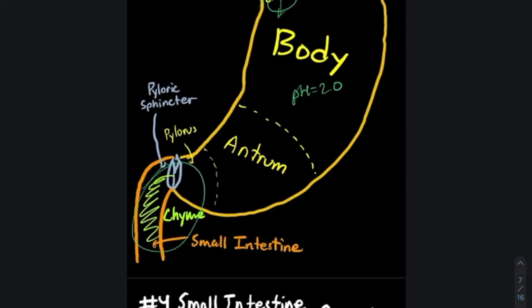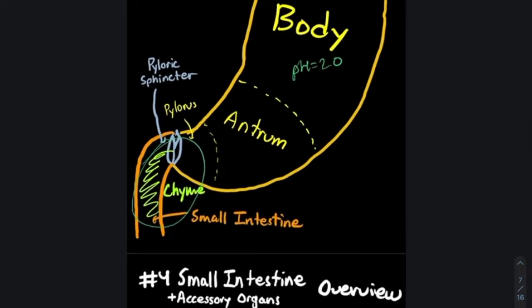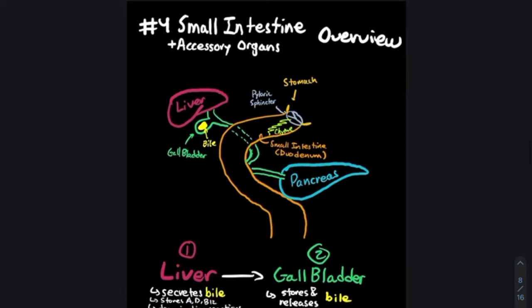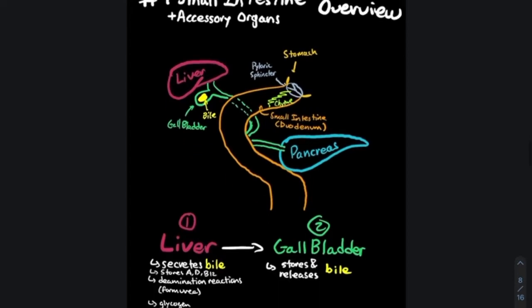It's no longer a solid. It's traveled through the pyloric sphincter into the small intestine, which is our next destination. But before we go into the small intestine, it is important that we talk about our friends in the digestive pathway, because although food doesn't travel through them, the liver, gallbladder, and pancreas play incredibly important roles in the actual digestion of food.